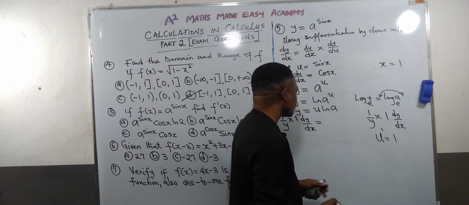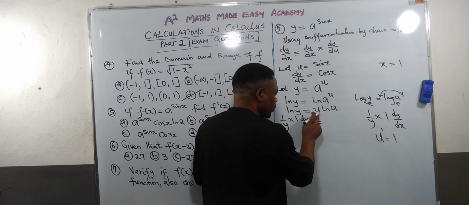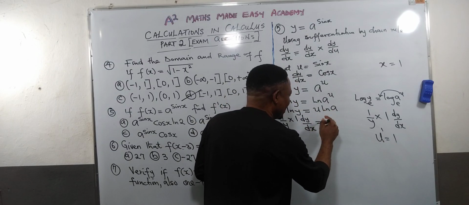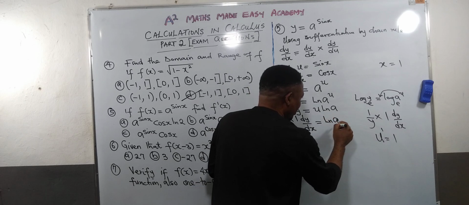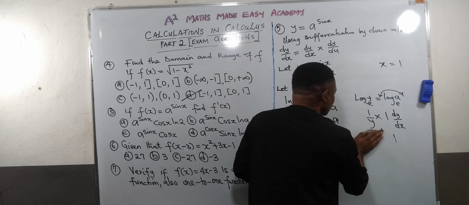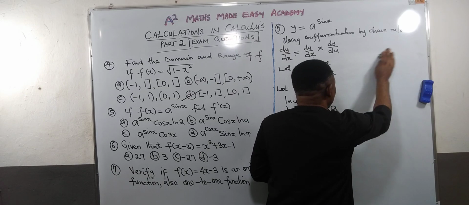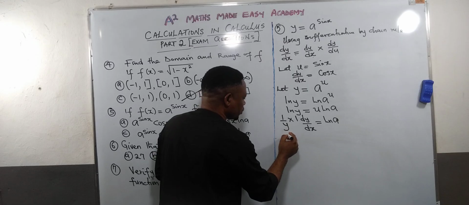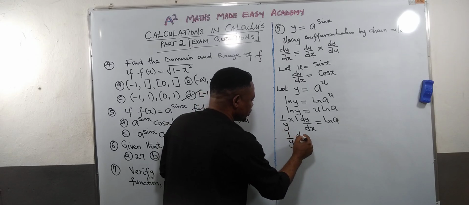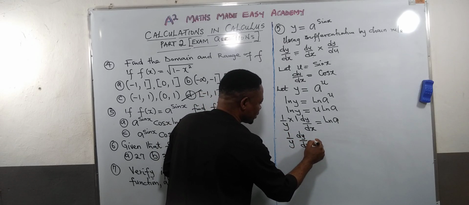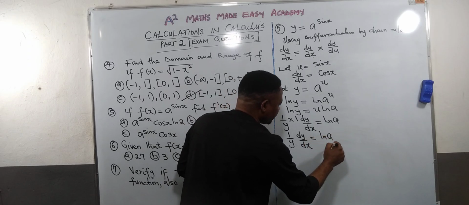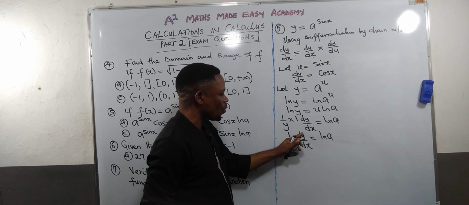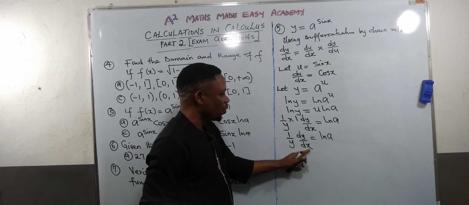So if you differentiate u, it gives 1, then 1 times ln a gives ln a. Now I say 1 times 1 over y, then dy over dx, equal to ln a. My target is to make dy/dx the subject of the formula.